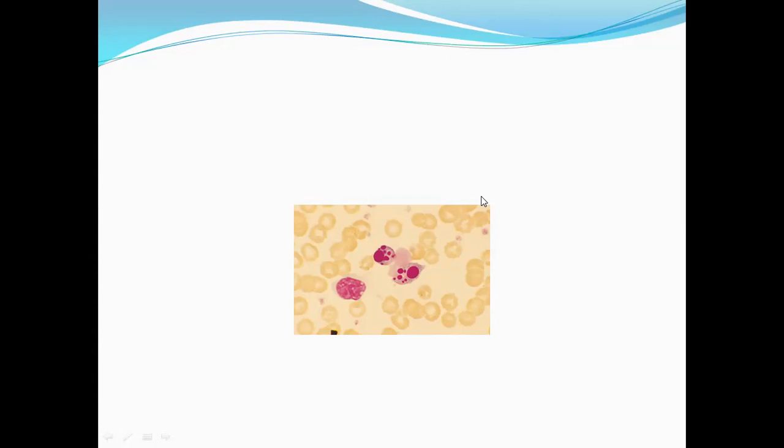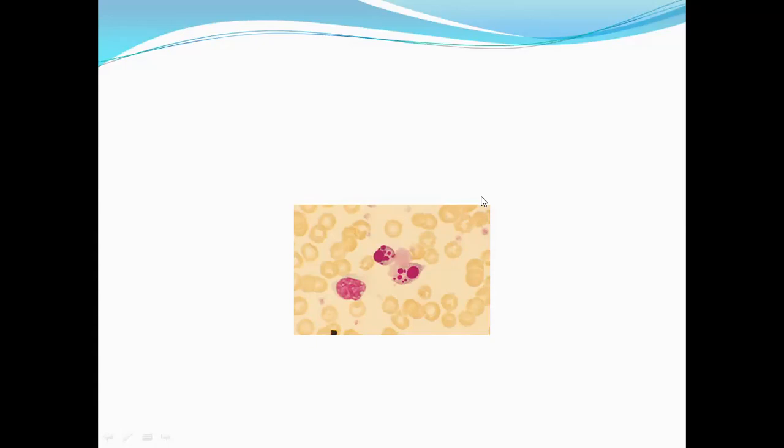RBC crenation means you can see the margin of the red blood cell crenated, and EDTA induced platelet clumping also you can see. You can see platelet clumps even though you collect this sample in a very correct manner, even though the sufficient amount is collected, even though you mix it well, you can see platelet clumps on the blood smear.